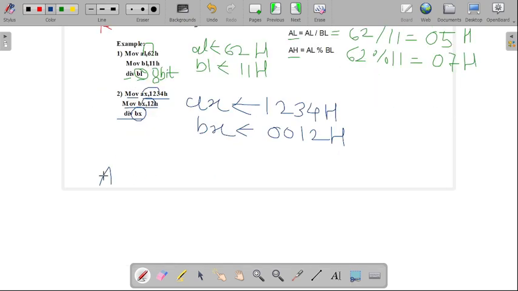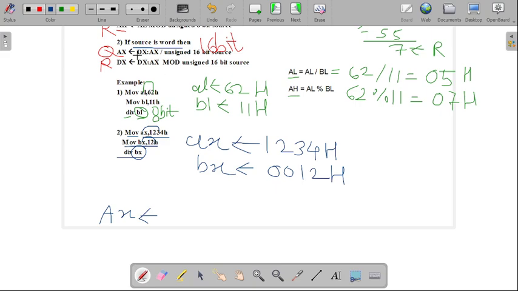So I'm writing here AX is equal to, how will the operation be performed? If the source is a word, we take DX:AX, which becomes 32 bits of data.